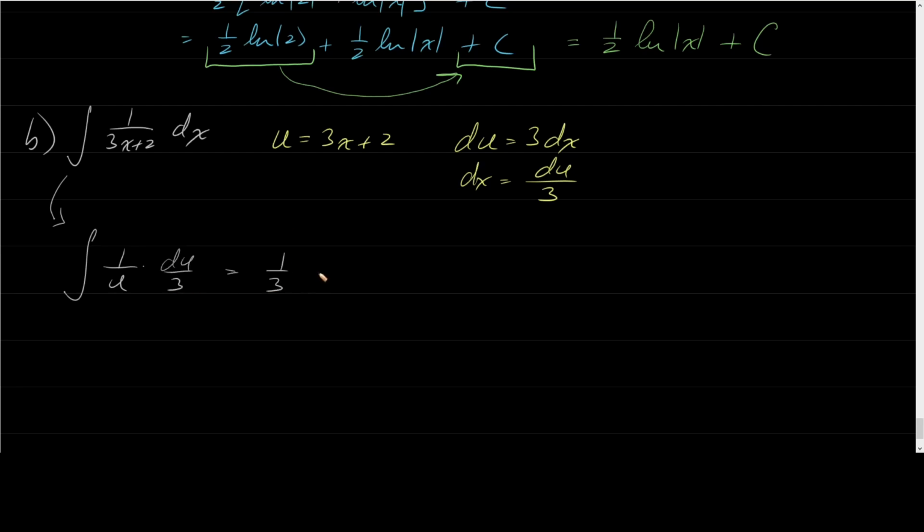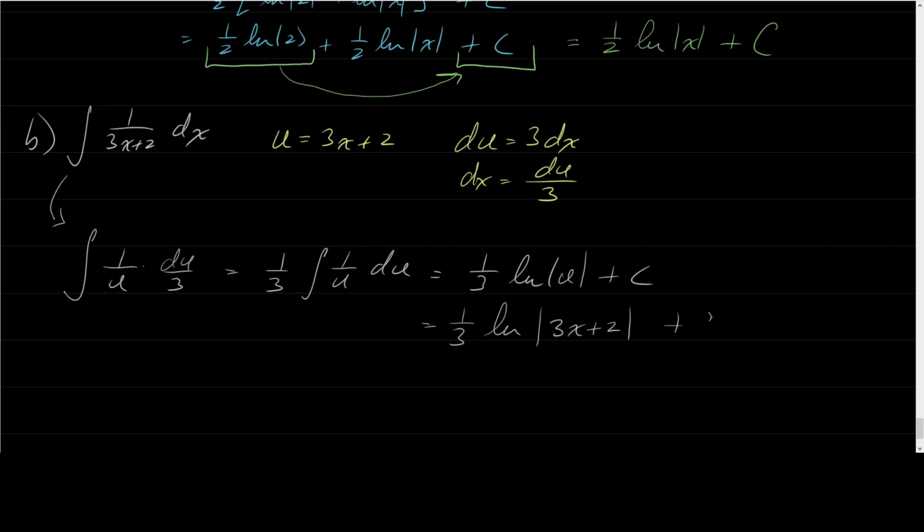So this is just 1/3 integral of 1 over u du. The integral of 1 over u is ln of the absolute value of u plus c. And we know the problem was not about u, so our final answer is 1/3 ln of the absolute value of 3x plus 2 plus c.